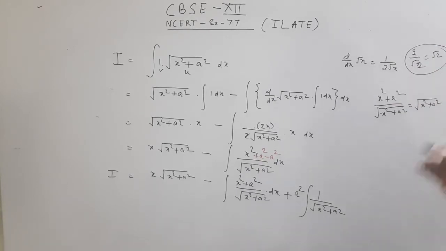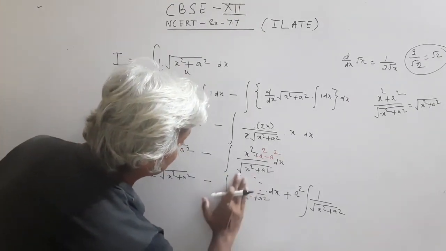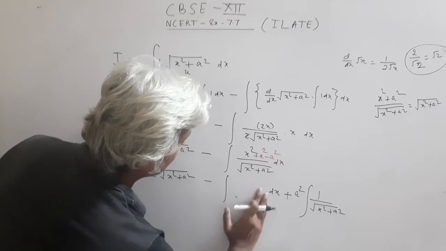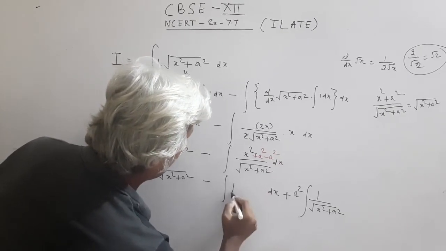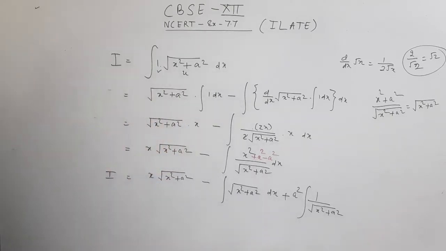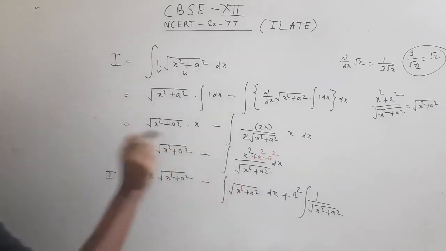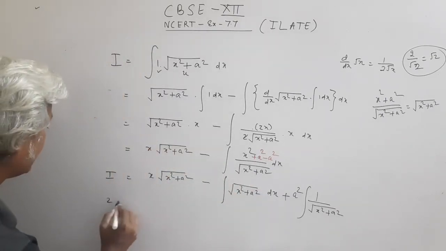Now this is so self-explanatory. So instead of this term, I am going to write this whole thing as under root x square plus a square dx. Now if this is I, this is also I, and this is minus, so this I when it comes to this side becomes 2I.